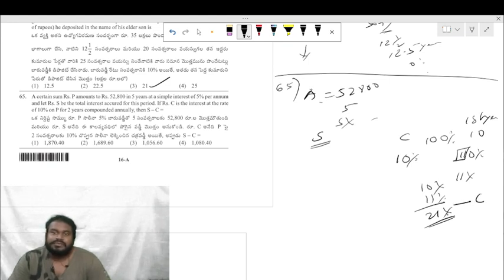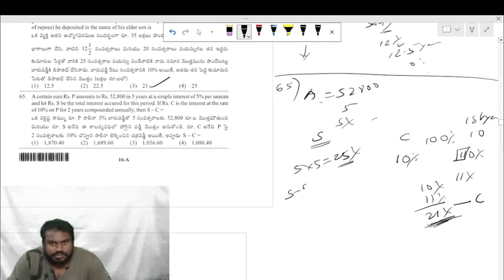So C will be 21%. And S for 5 years at 5%, as it is simple interest, you can directly multiply: 25%. So S minus C is 25 minus 21, which is 4%. We need to find the value of 4%.